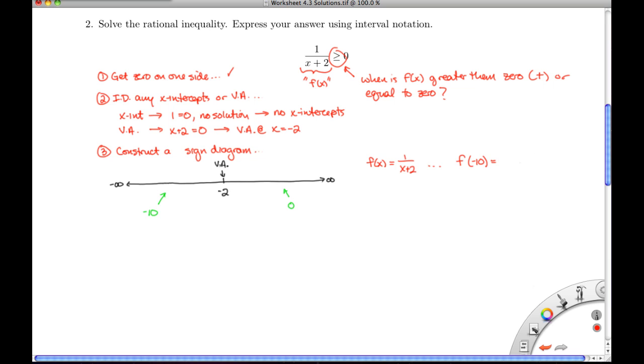So if we plugged in -10, we're going to have a positive number up top because it's +1, and we're going to have a negative number down below, which means that this is going to result in a negative term, which means that our function is going to be negative on this entire interval from -infinity to -2. And then if we pick 0, we plug that in, we've got a positive number up top. We plug in 0, we're going to have a positive number below, and that's going to give us a positive interval. So our function is going to be positive on this interval, or greater than 0.